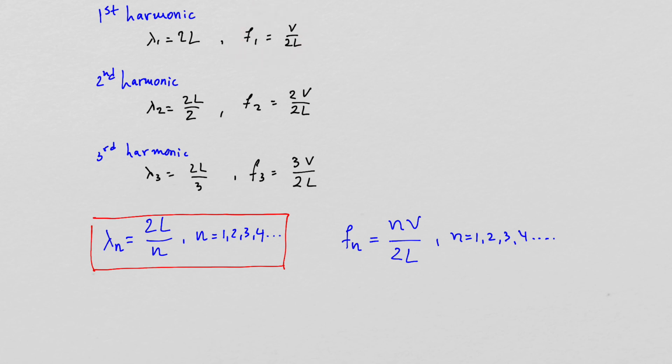So that's this one. For the second harmonic, n is equal to 2, so f2 is equal to 2 times v divided by 2L. That is this one. For the third harmonic, we have f3 equals 3 times v divided by 2L. So that is this one. So this is the general formula for any frequency in the harmonic series.